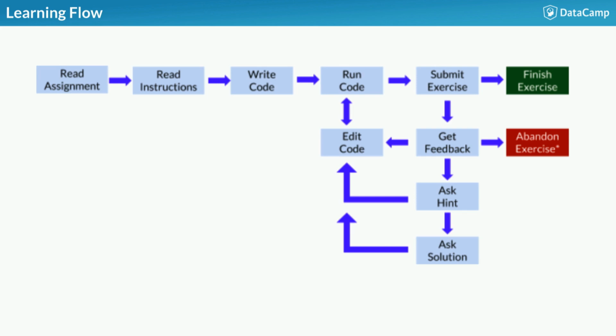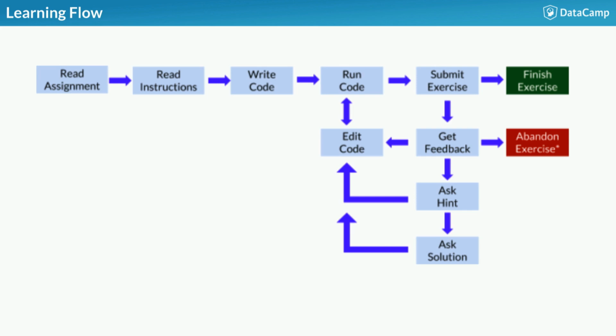If it's not correct, they get feedback, they can go back, edit the code. If it's still not correct, they can ask for a hint. If it's still not correct, they can ask for the solution. And they can go through this as many times as they want. As a company, what we're optimizing for is we don't want people to get into the red box.